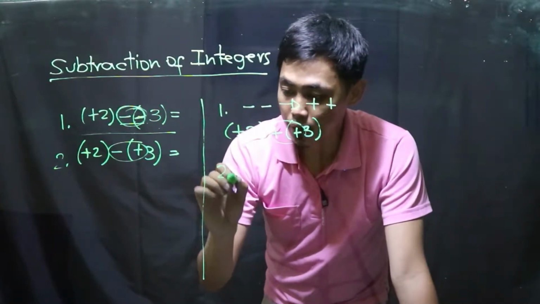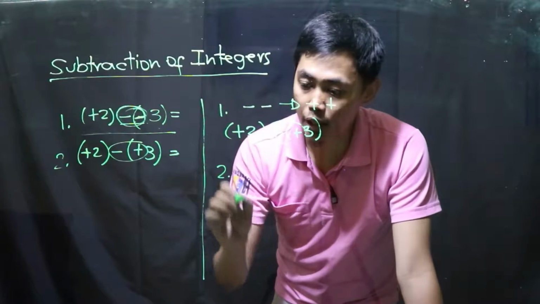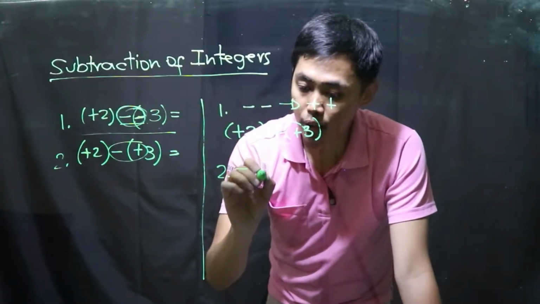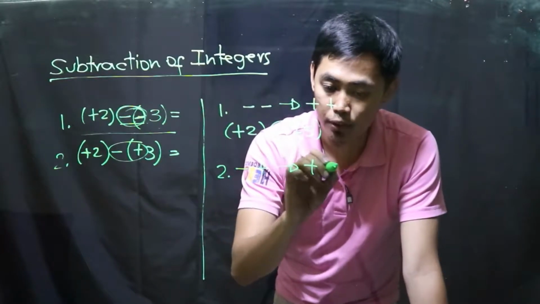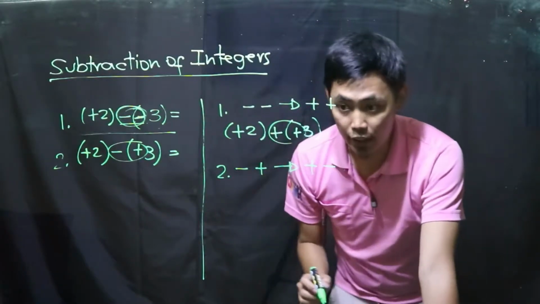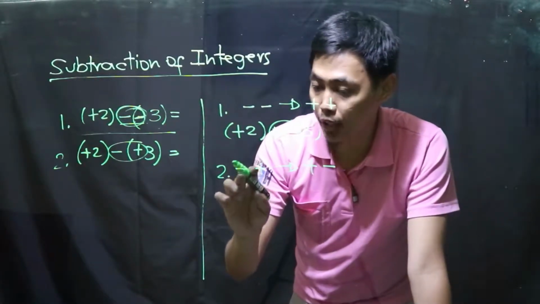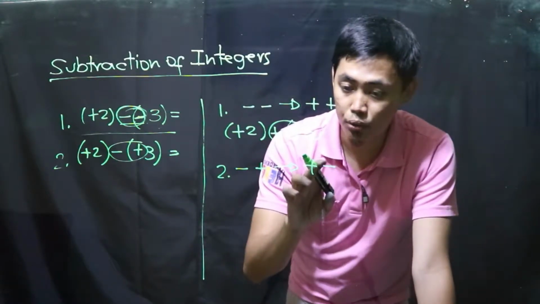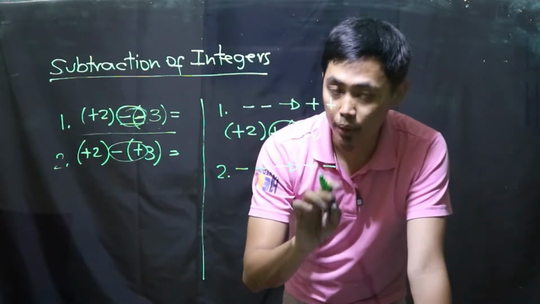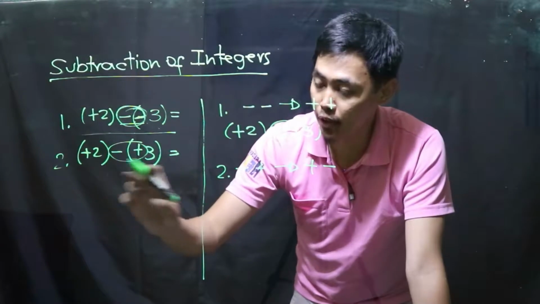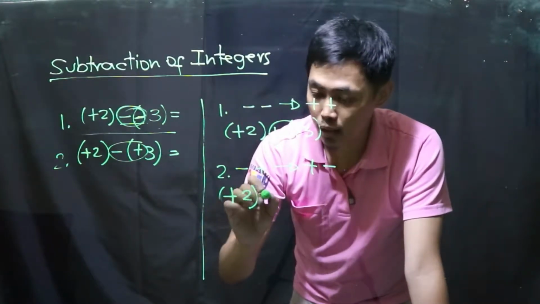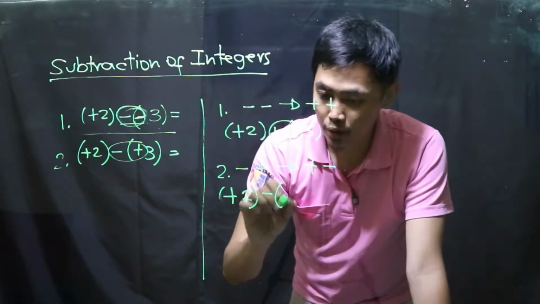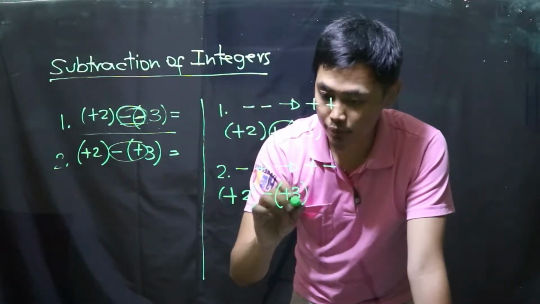Second rule: if it would be minus plus, change it to plus minus. Again, if it would be minus plus, change it to plus minus. So for example, here we have positive 2 minus positive 3.